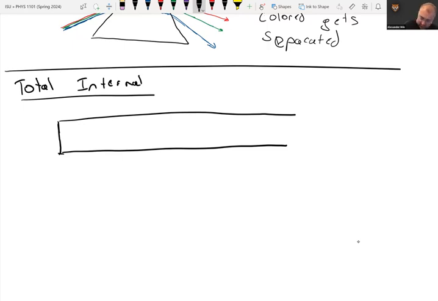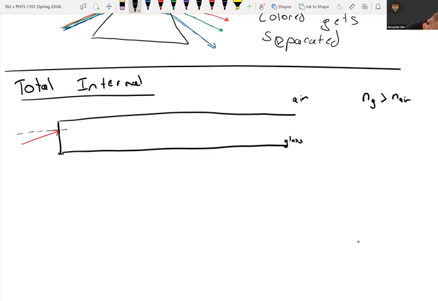So this will be glass, and then outside will be air. Again, the whole idea is that n of the glass is greater than n of the air because the speed of light in the glass is slower. Now, what I want to say is, what happens if you shine a beam of light like so?